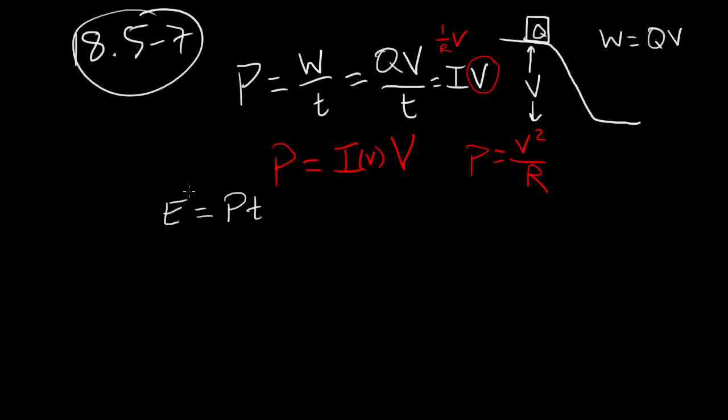And so if you want to know the energy dissipated by a resistor, for example, you look at the power, which is the energy used up per second, times the time. That gets rid of the per second, and you get the total energy dissipated.